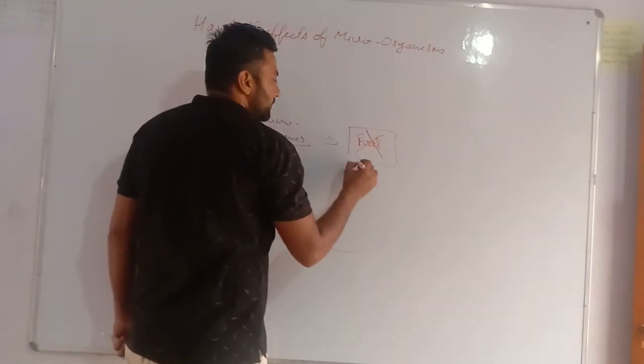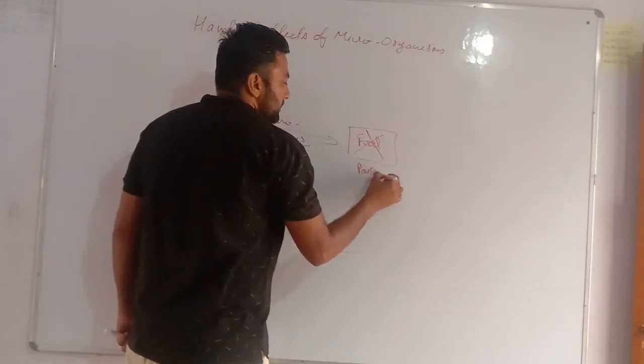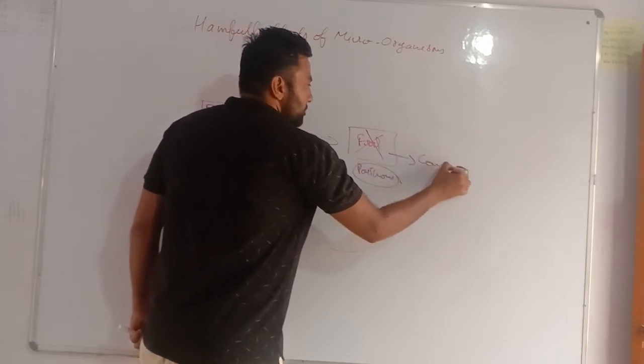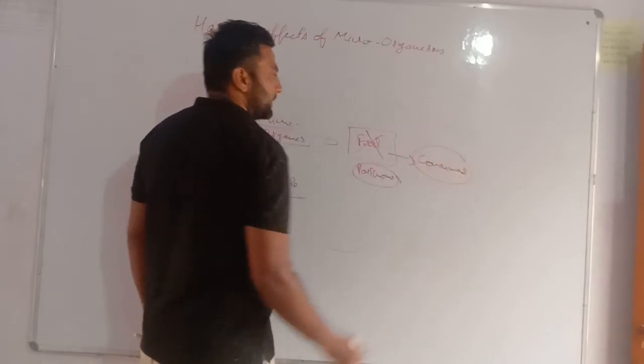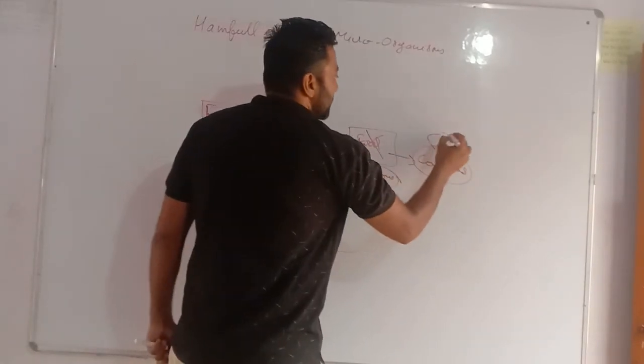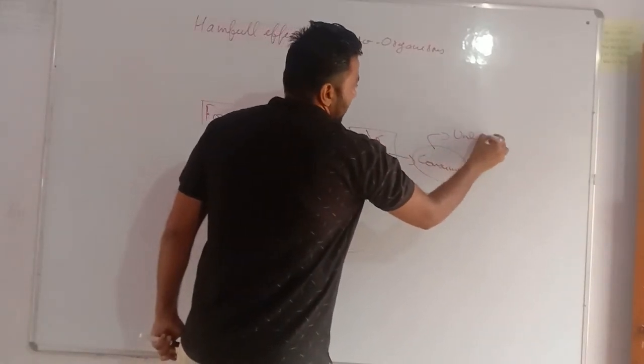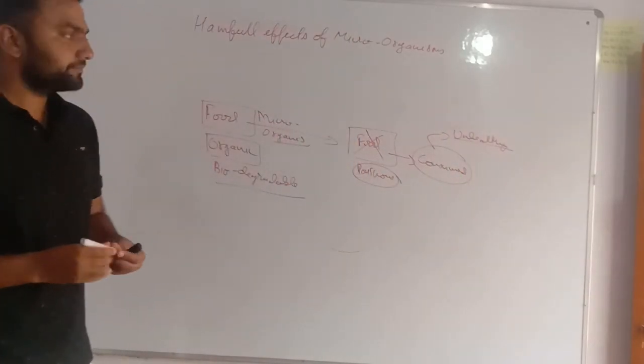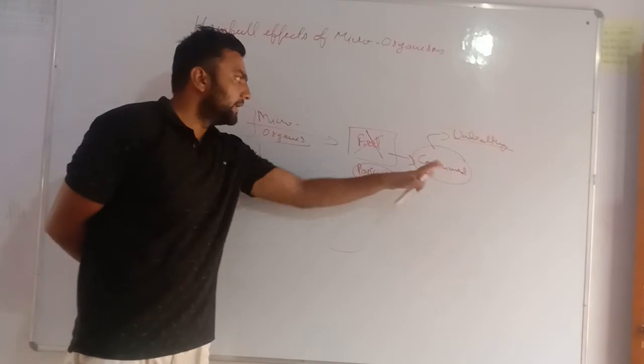Now this food becomes poisonous, and if it is consumed by any person and he or she becomes unhealthy, this process is known as food poisoning. What is food poisoning?